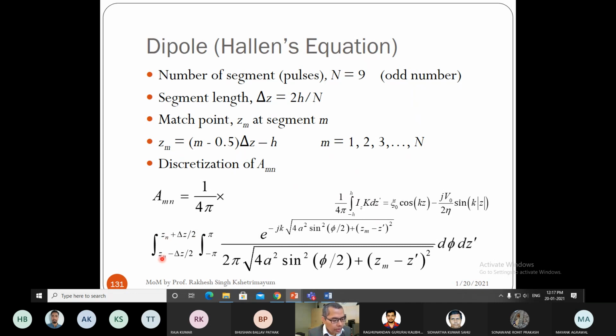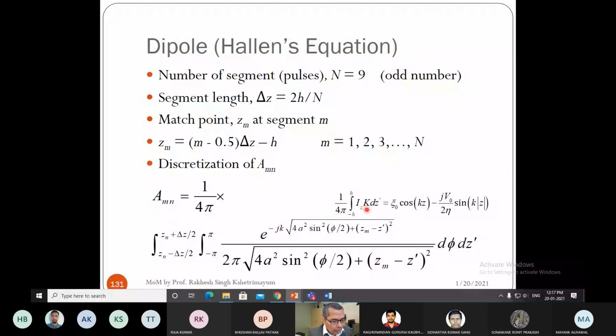When I replace this Iz by In Bn for the nth basis function, Bn will have only a value of 1 in this interval. All other values outside that interval will become 0. So this integration from minus h to h will be reduced to this integration.